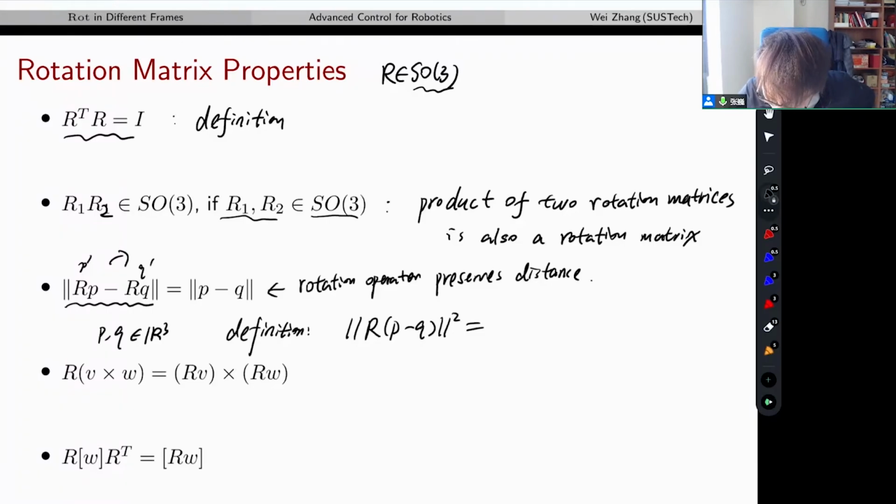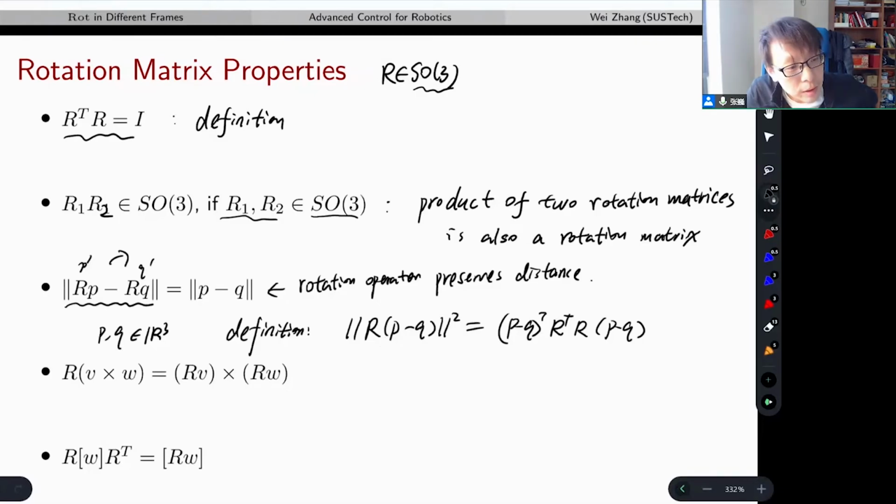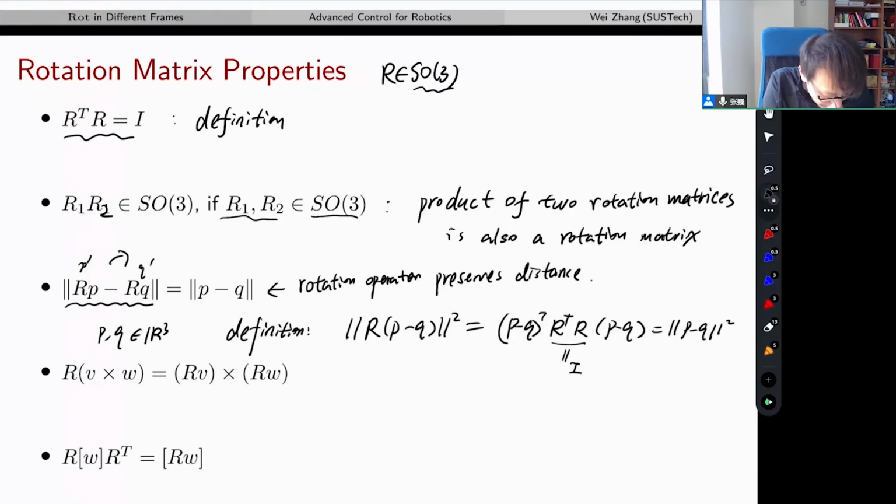This will be what? Inner product, right? This is P minus Q transpose, R transpose times itself, which is R times P minus Q. The property that really matters is that this is the identity. It's not really that the determinant of R is 1. Because this is identity, then I have P minus Q squared, right? So it really preserves distance.